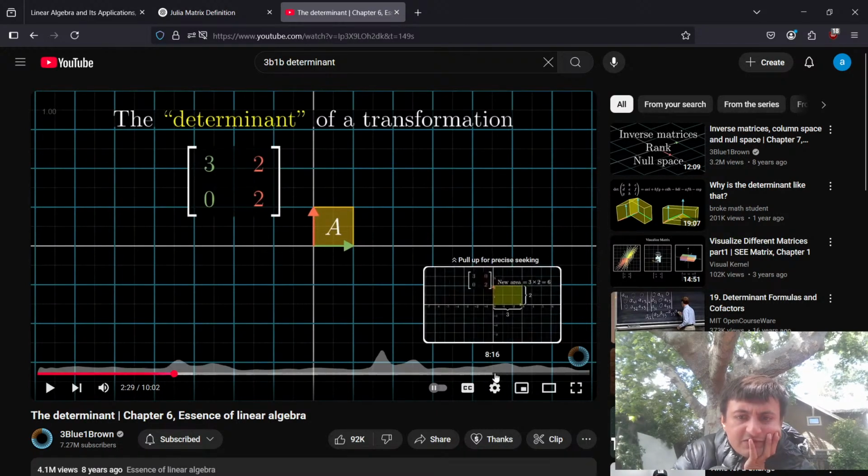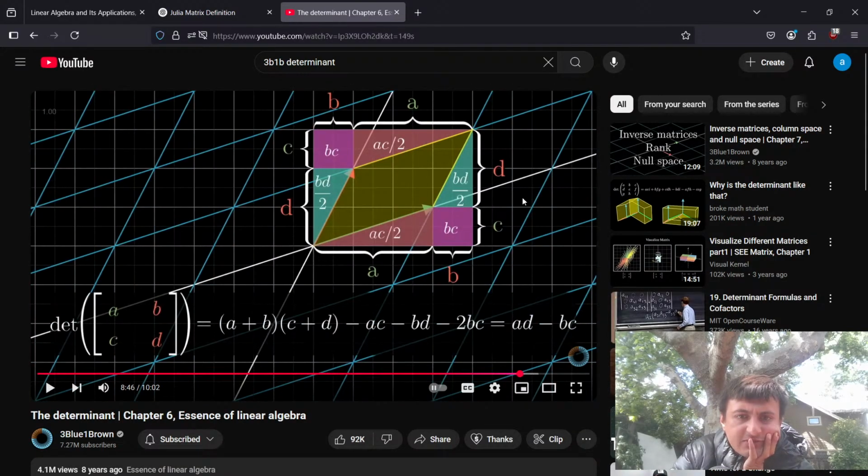Where is it that he derives the formula? There we go. That's the picture that I wanted. Yeah, okay, so if you have a vector u and a vector v, a plus b times c plus d.